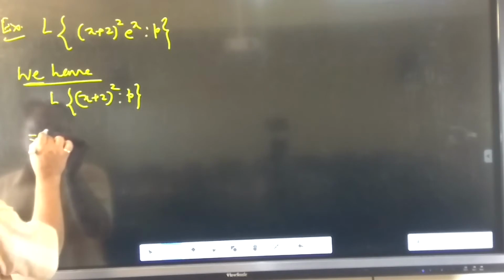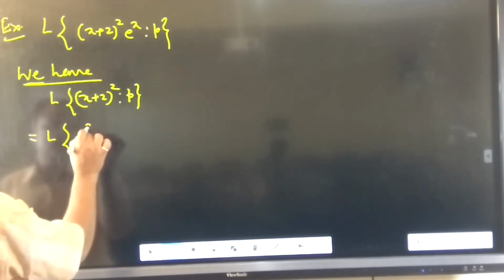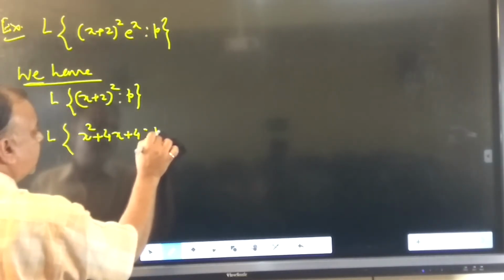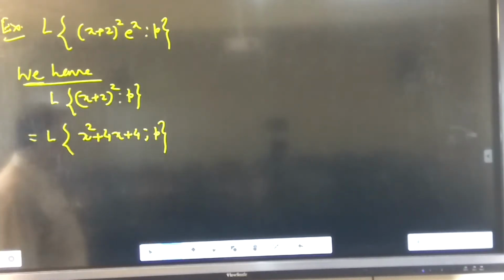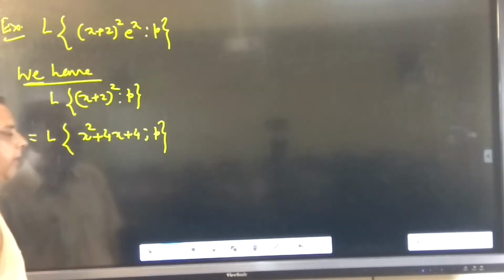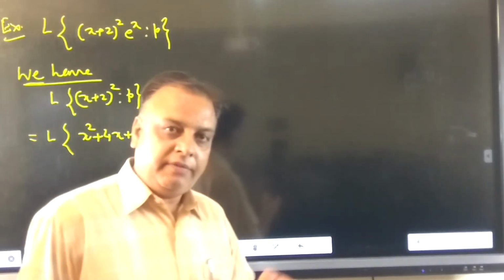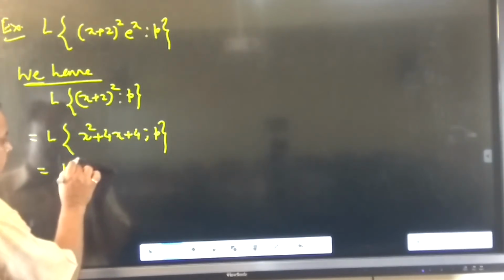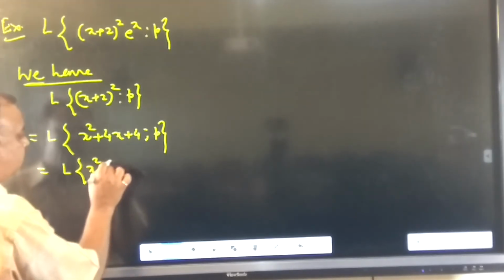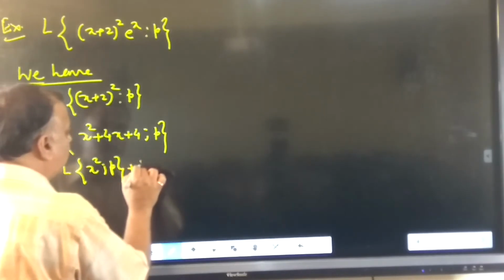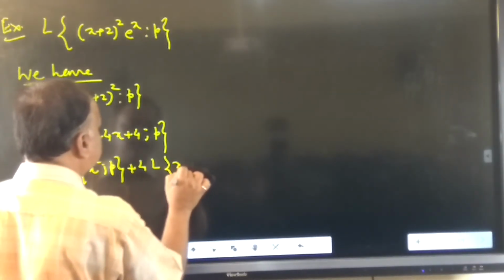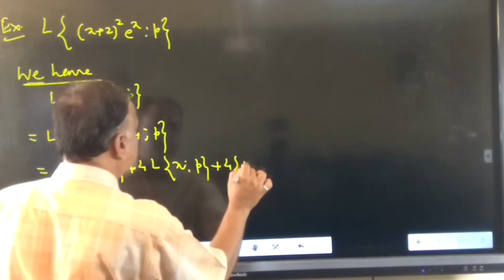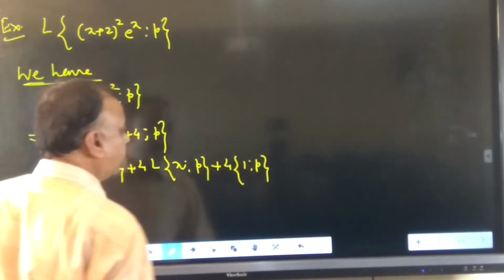We can write it as the Laplace transformation of x square plus 4x plus 4. By the linearity property which we have discussed earlier, we can write it as the Laplace transformation of x square plus 4 times the Laplace transformation of x plus 4 times the Laplace transformation of 1, with respect to parameter p.